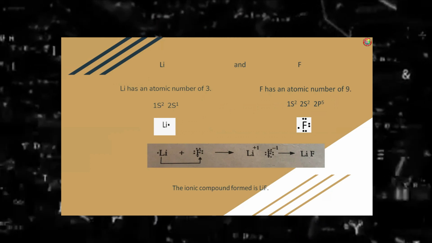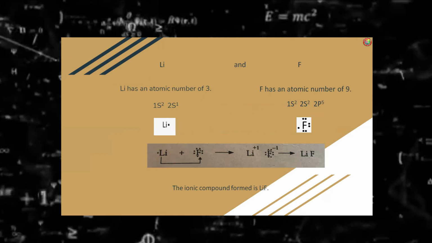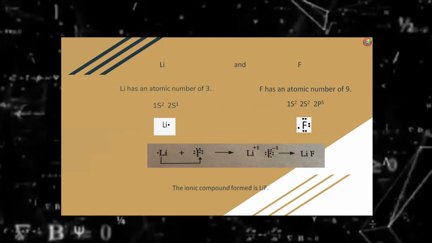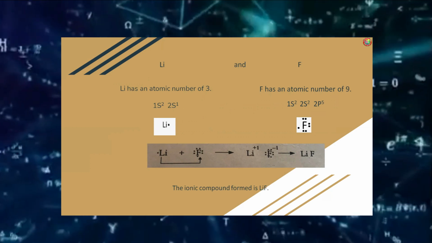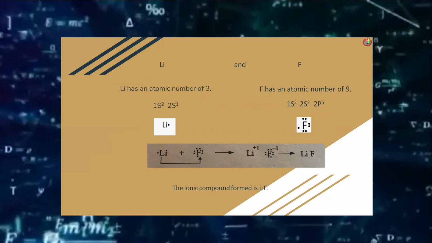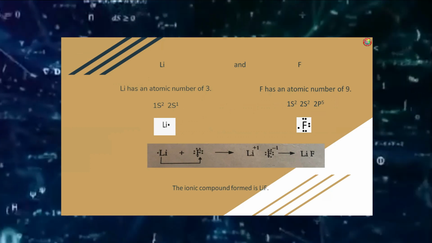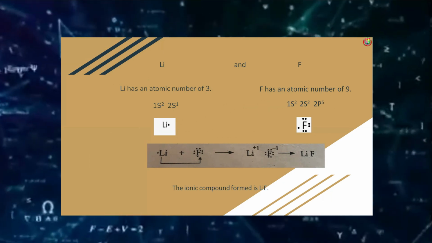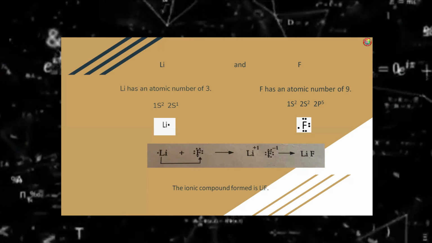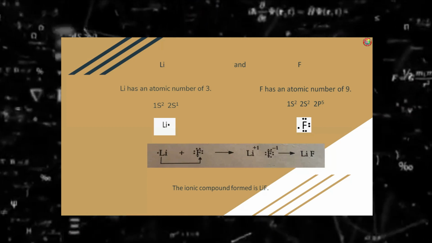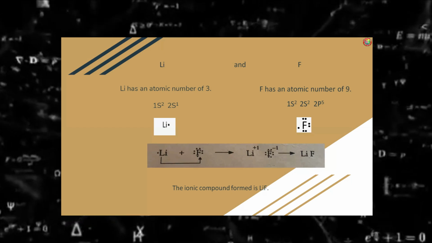Therefore, lithium has 1 dot. On the other hand, fluorine is 1s2, 2s2, and 2p5. The outermost shell is the second, with 2 plus 5, so we have 7 dots. So fluorine has 7 dots. Now, in order to complete the octet rule, we need 8 dots.